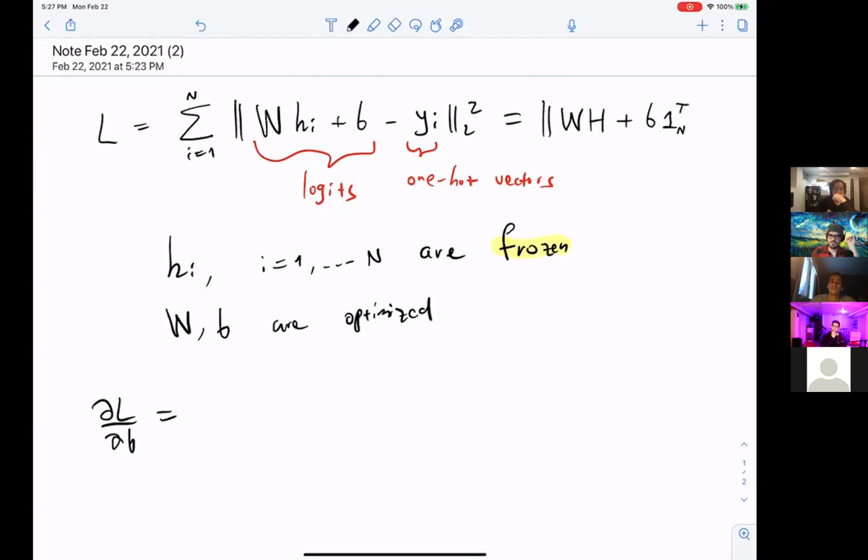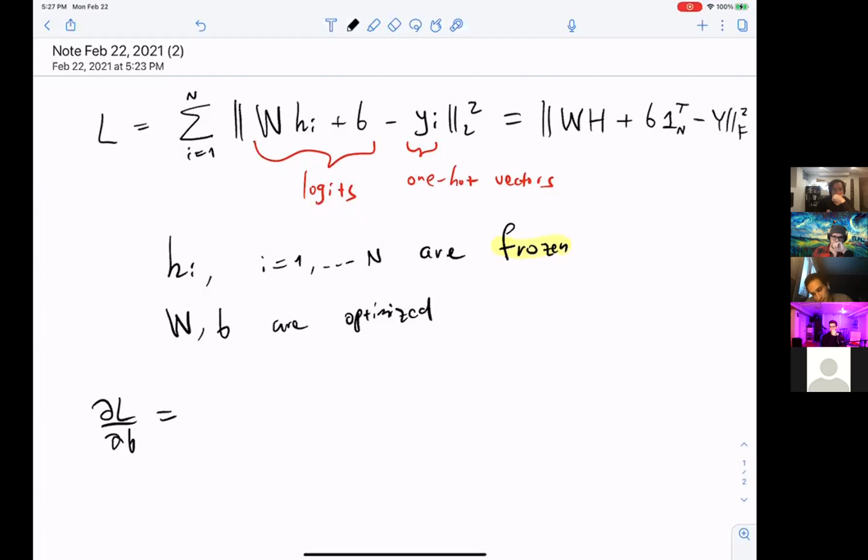This is a fancy way of writing a matrix where all of its columns are the biases, because the bias is shared across the examples, minus Y, Frobenius squared, right?